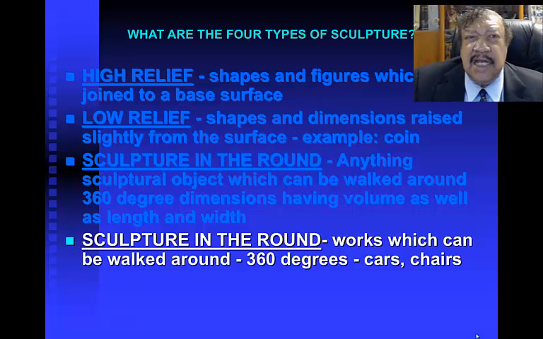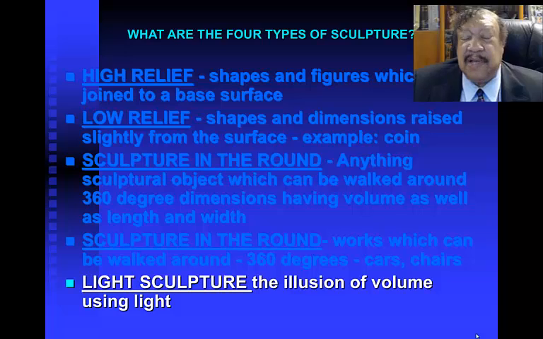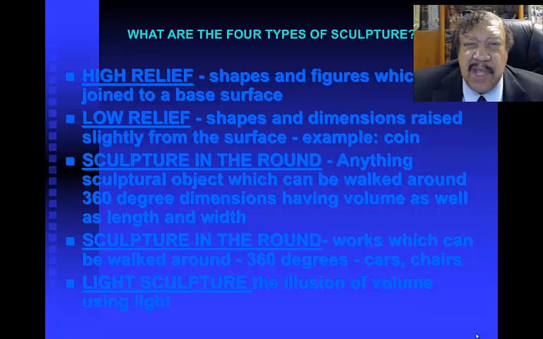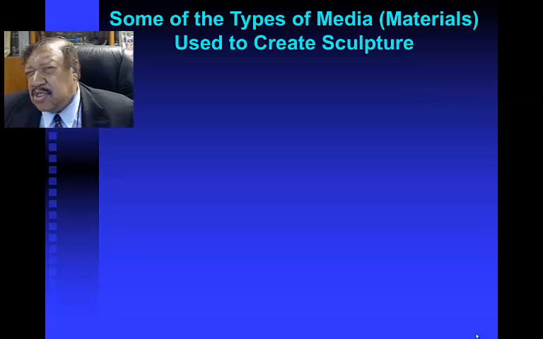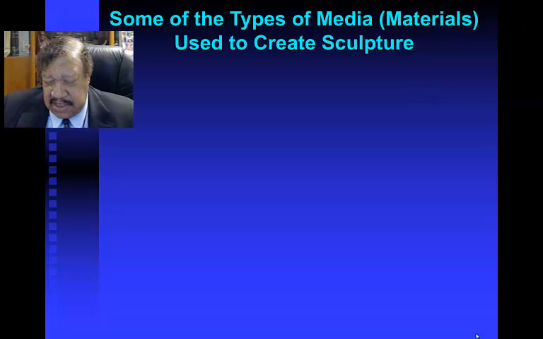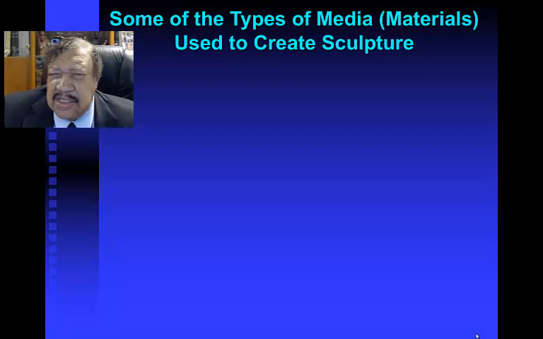Sculpture in the round, it's 360 degrees, and we can look at it from many different perspectives. And then the last type of sculpture we talked about was light sculpture, giving the illusion of volume. But now we want to talk about the ways in which we create that sculpture. How is it created?